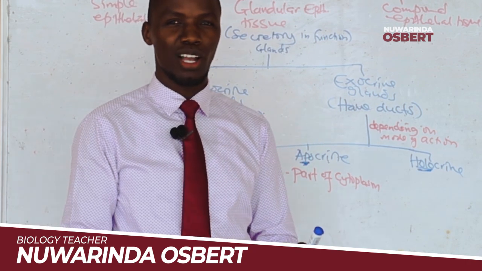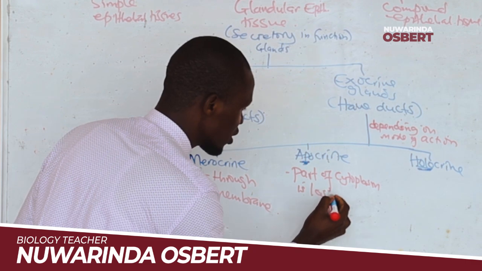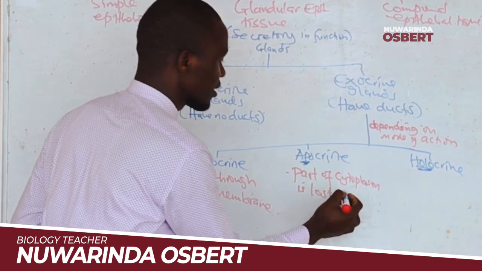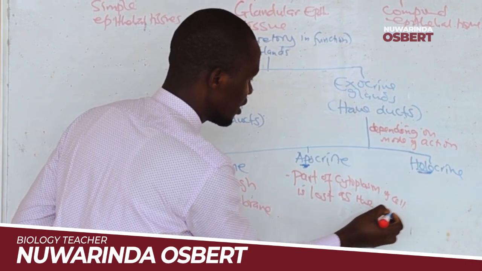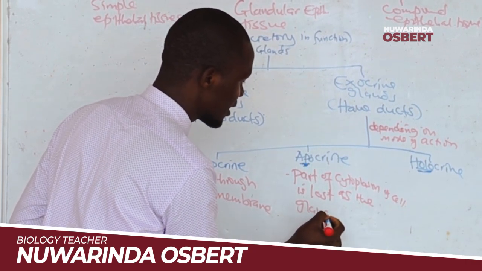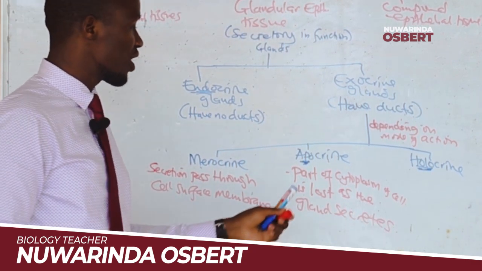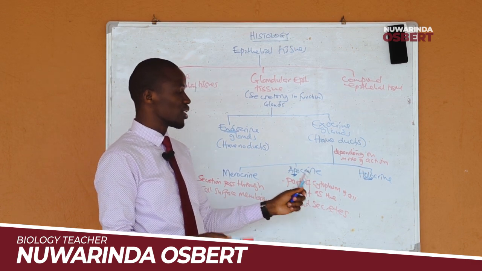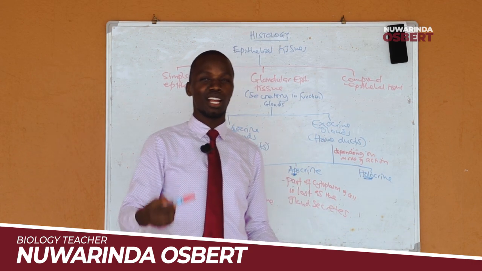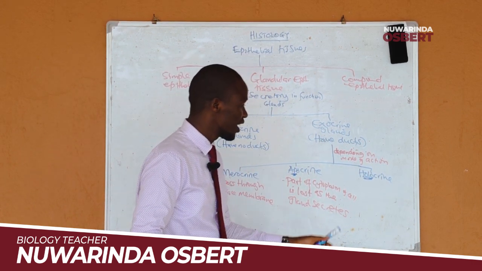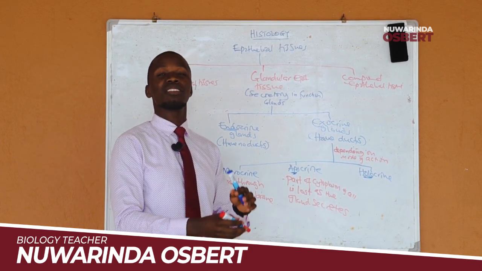For those who know about exocytosis, part of the cytoplasm of a cell is lost as the gland secretes whatever it is secreting. So in this case, part of the cytoplasm is lost. When we come to holocrine, the whole of it, like what my friend was telling me about, the whole cell becomes disintegrated.